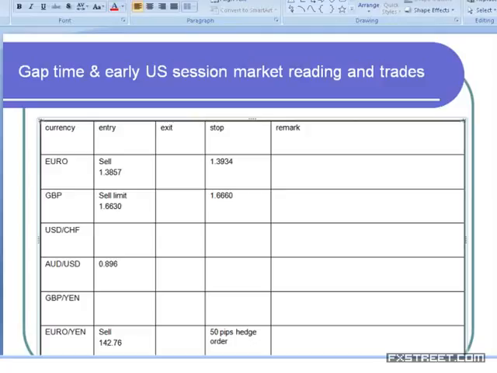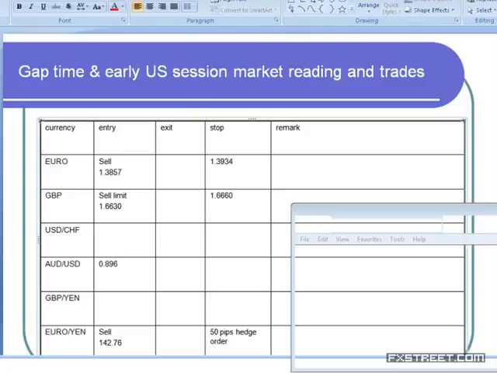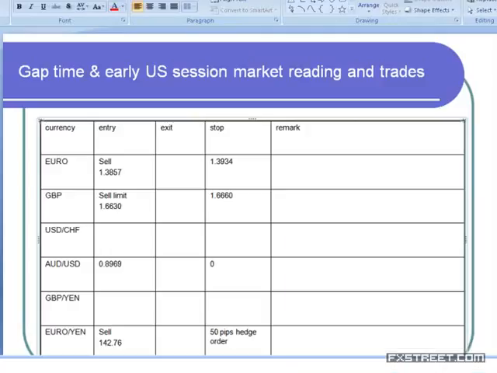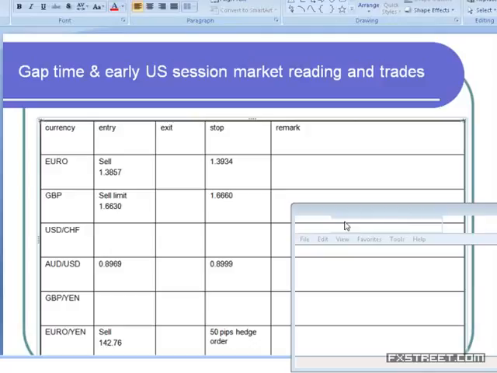We'll keep it as 69 so that we'll have a definite fill. And hedging order $89.99. So these are all the trades I'm carrying forward from the European session.